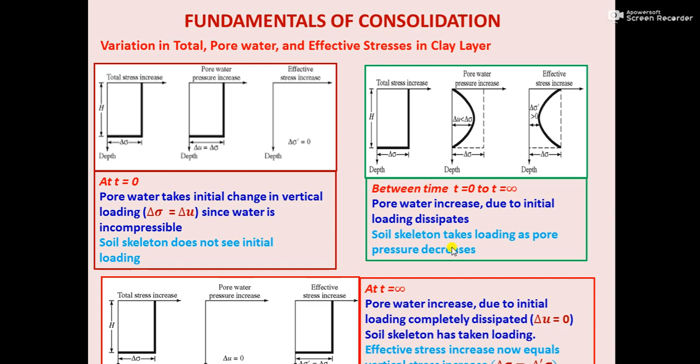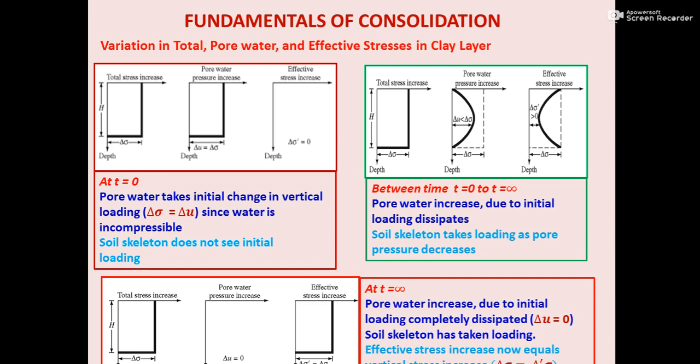And the third one is at t is equal to infinity. That means when this complete process will be over, and at the time when the complete process will be over, then what will happen? And that will come in years to come. Okay, not in 1 day, 2 days or 3 days or 1 hour, 2 hours. Okay, so when the complete pore water pressure will be dissipated, at that time what will happen?